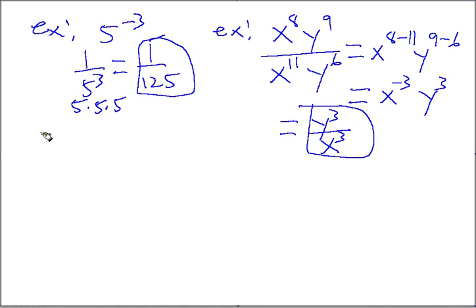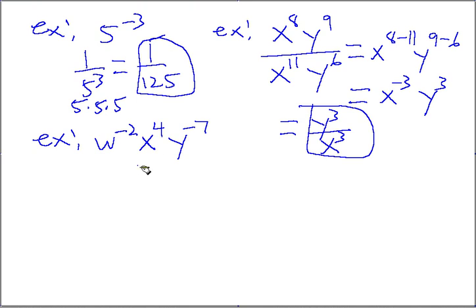All right. Let's try another one. Let's write this problem without negative exponents here. Let's look at w to the negative 2, x to the 4th power, and y to the negative 7th power. All right. Then let's simplify that. So in this situation, what gets bumped down?